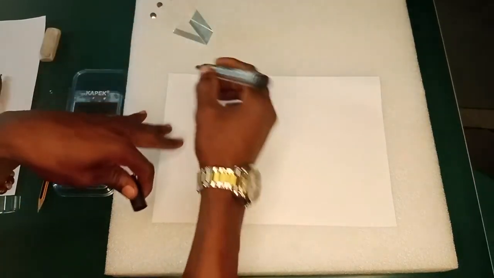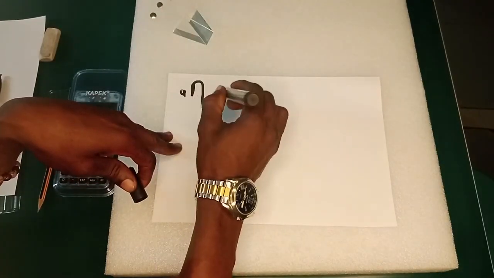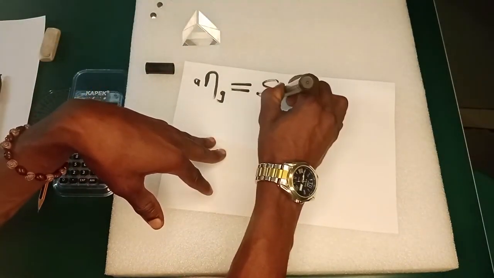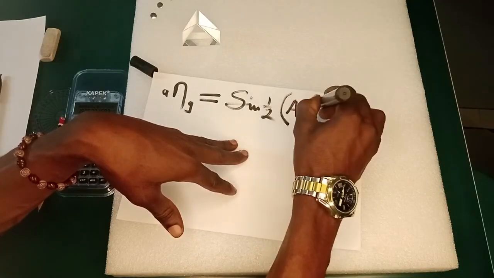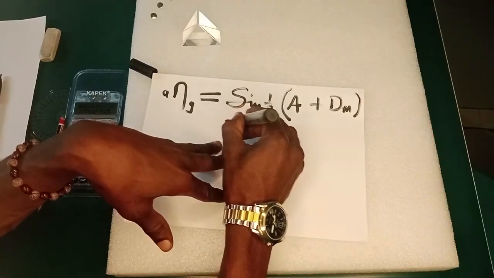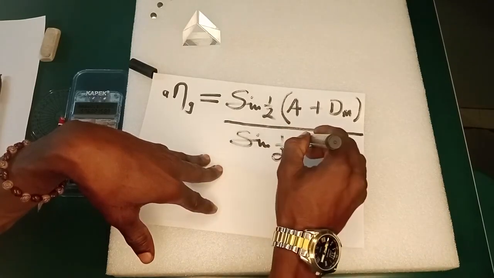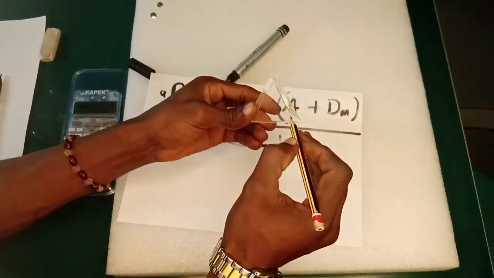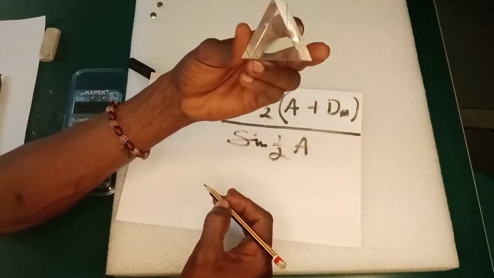Using the equation, the refractive index from air to glass equals sine of half into (A plus D subscript M), all divided by sine half A, where A simply means the interior angle of this triangular glass prism.